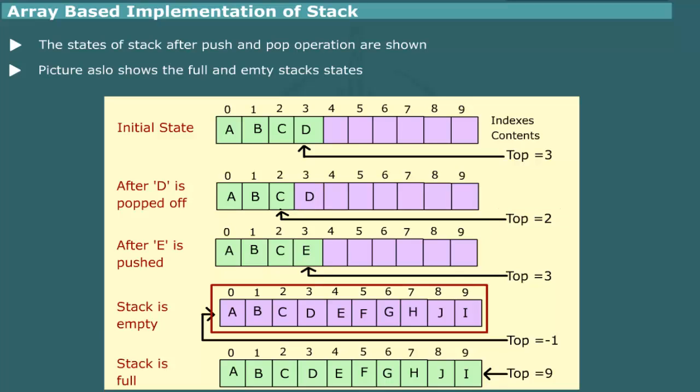The figure also shows the empty and full states of the stack. Note that after an element is popped off the stack, only the variable top is decremented. The element may stay in the array as it would be overwritten when a new element is added. Thus, the value held by variable top, rather than occupation of array cells, determines the current status of the stack.